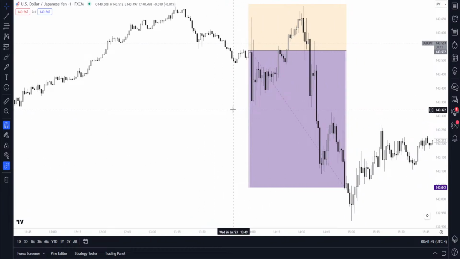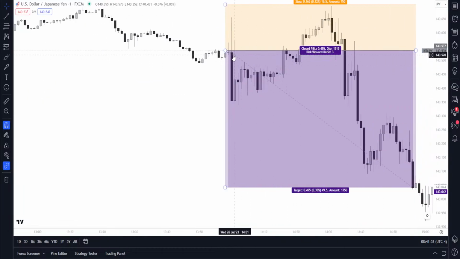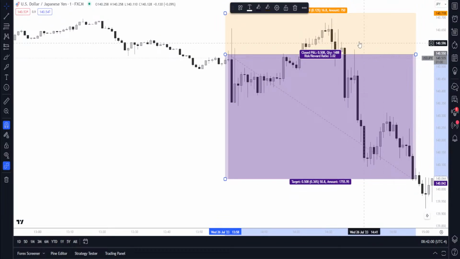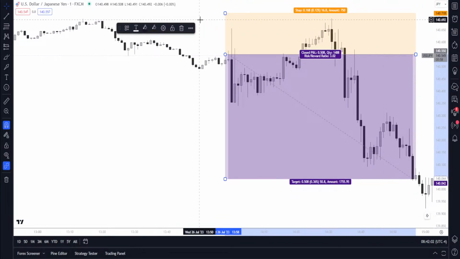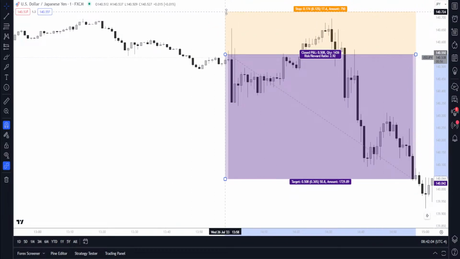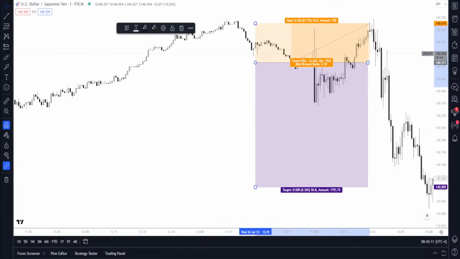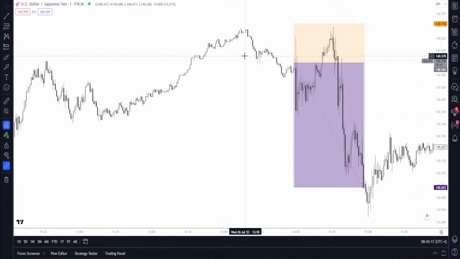It wasn't a bad setup. I should have entered maybe in the last 30 seconds, so I would have got like right here, and my stop loss would have been just a little bit higher, even if it was 2 points higher, not even a pip, I would have been in the trade still, and I would have made 3R on USD JPY sell.